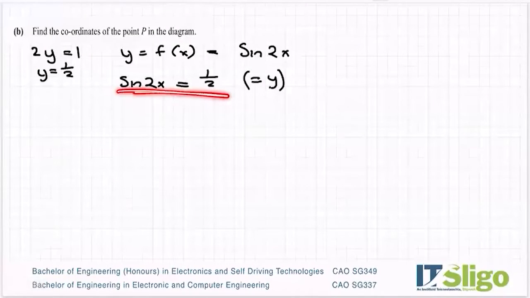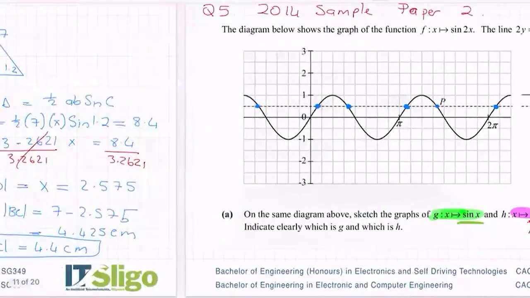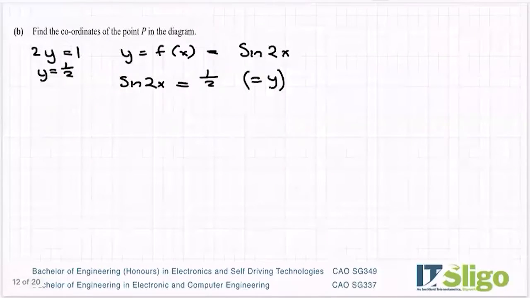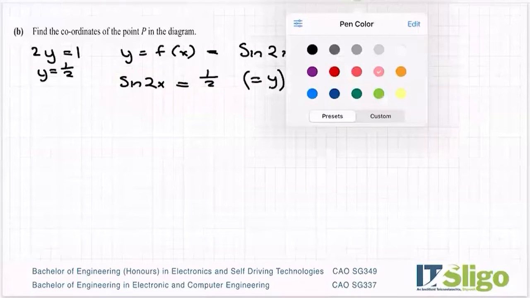So this is actually the same as the reference angle ones we've been doing with CAST. We're finding all of the solutions where sine 2x equals a half. So just like before, we get our reference angle.